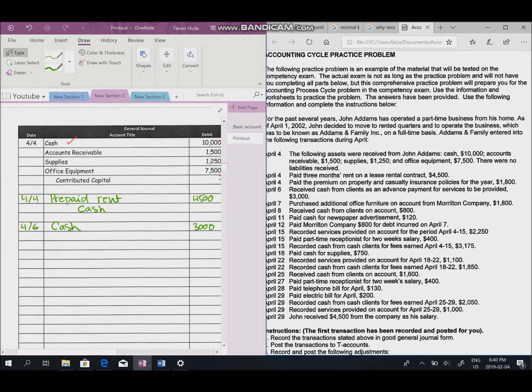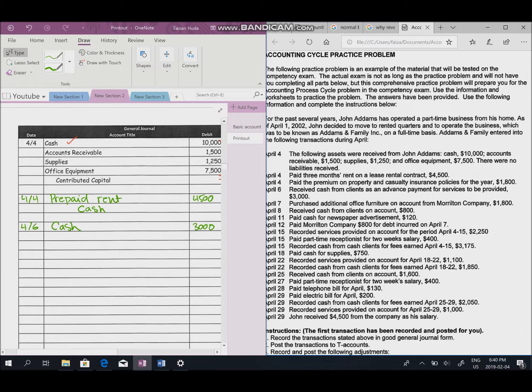The reason why this is unearned revenue is we have not provided the service to the customer yet. The customer is prepaying, so they don't have to pay us when we provide the service. Unless we do this service for them, it would be service revenue. But since we're not doing the service yet and they're prepaying us the money to do this service, this would be unearned revenue. We have not earned this money yet.